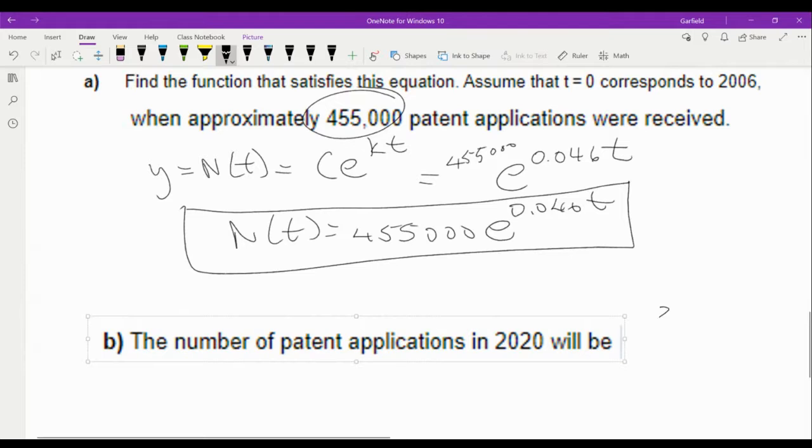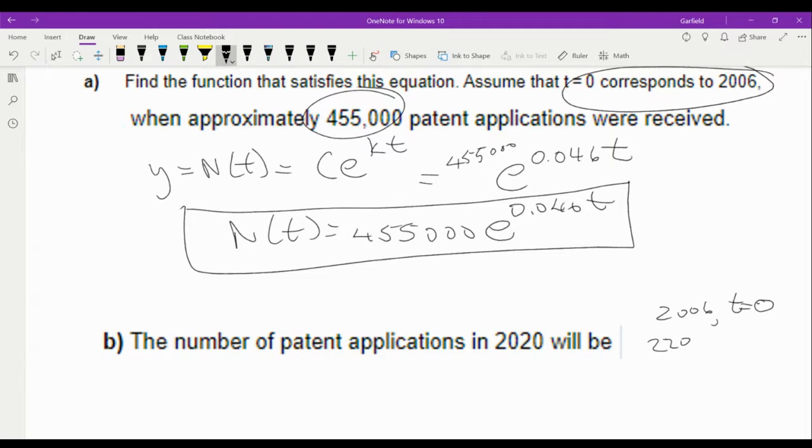We know in 2006, t was equal to 0, which is coming from up here. So in 2020, what is t equal to? 14, excellent. And if we know that t is equal to 14, we can plug it into this unknown and find the number of patents.